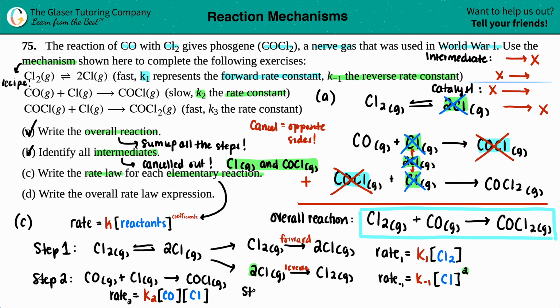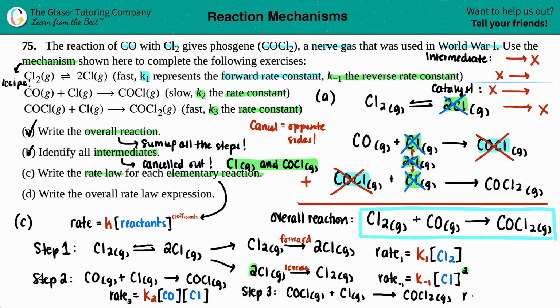We have step number 3, which was Cl, and I'm running out of room here, but we will fix this up once this one is over. Yield COCl2 gas. They say for this one, we're going to use K3 as the rate constant. So same exact idea. It's only one arrow, which means that you're only going in the forward direction.